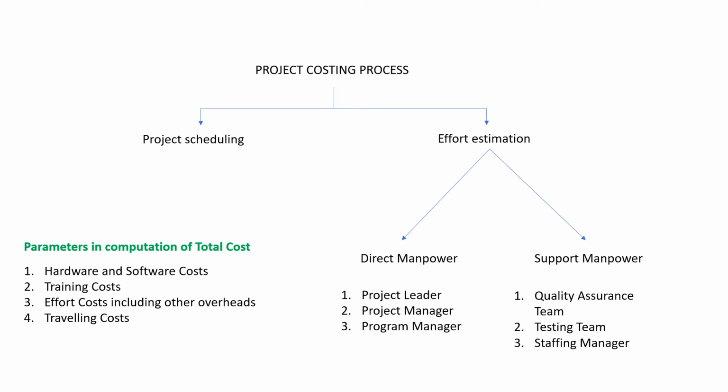In effort estimation, the required manpower, whether direct or support service manpower, is assessed. What manpower is required for each activity as scheduled in the project, and what will be the cost of these activities are estimated, and the total cost of the project is identified under effort estimation.